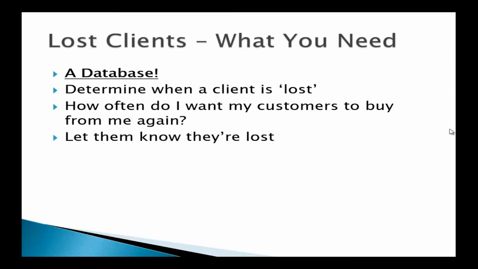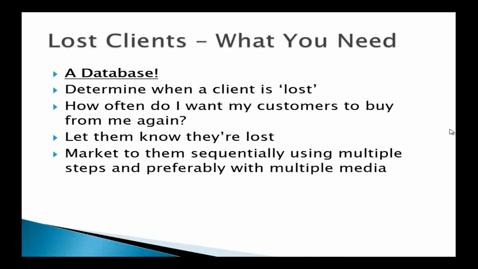And then what do you need to do? You need to let them know they're lost, and here's the big one: you need to market to them sequentially using multiple steps and preferably multiple media. Here's what I mean. When we do our lost client campaigns, we hit our lost clients with a direct mail piece, typically 2 to 3 times.